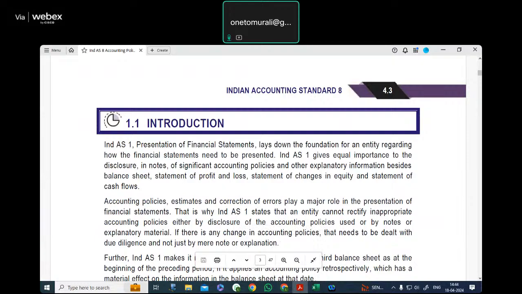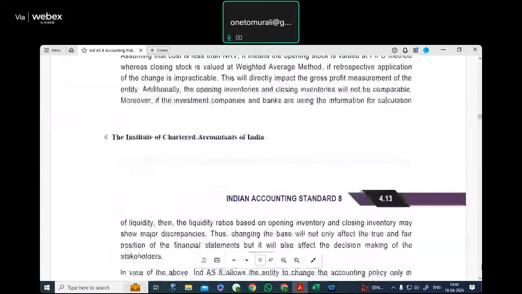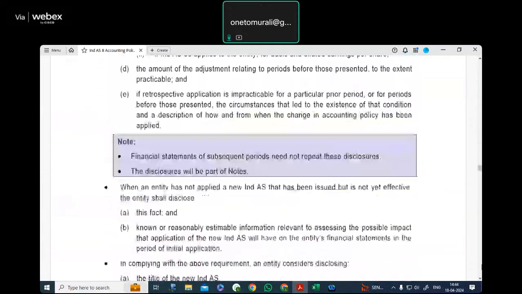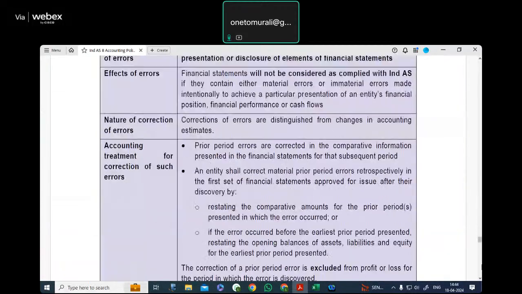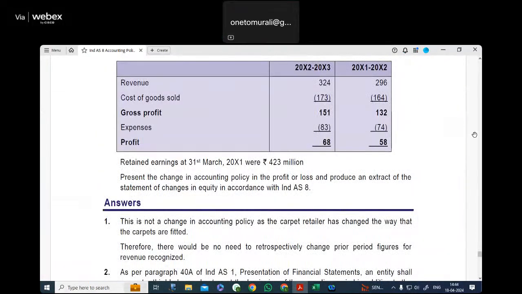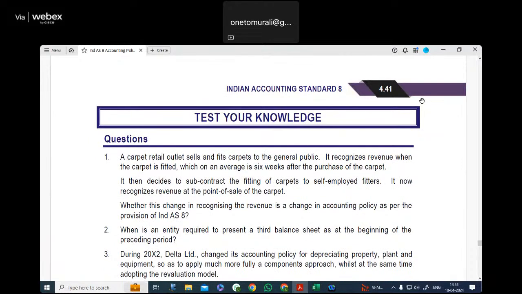Now let us take up a problem to know how to crack them. So book back, we can straight away take it up. A carpet retail outlet sells and fits carpet to the general public.